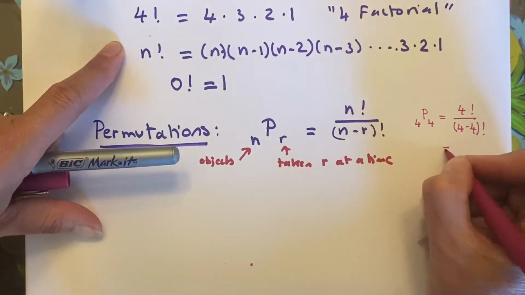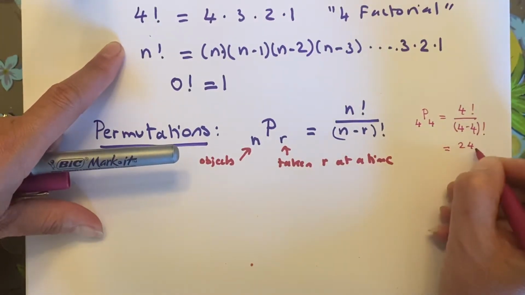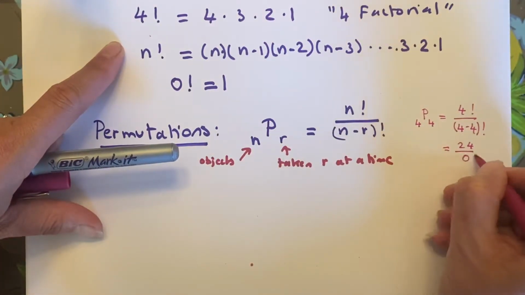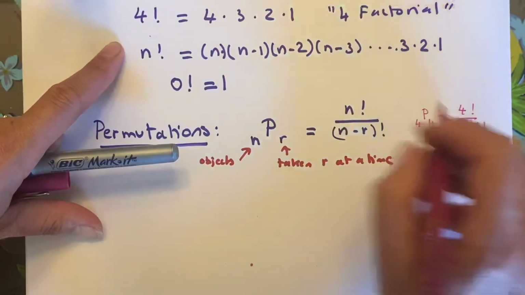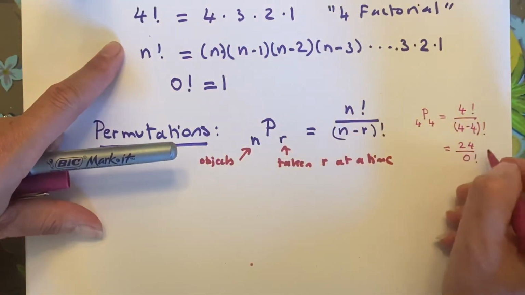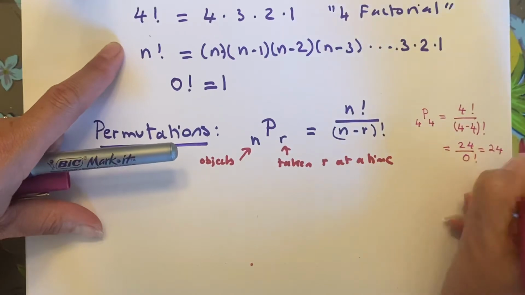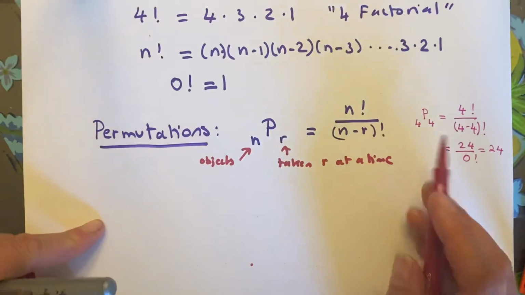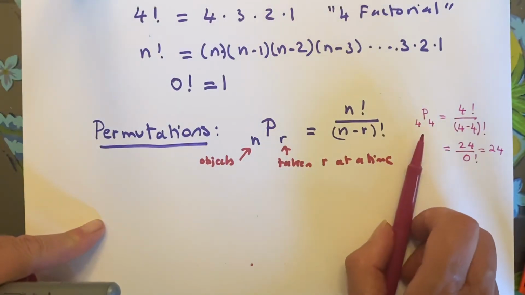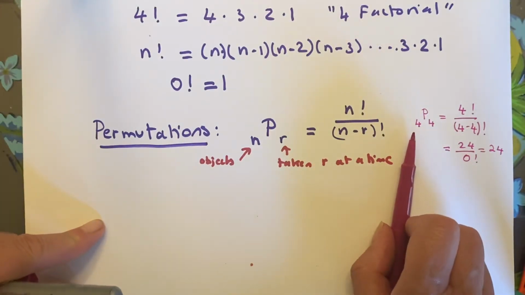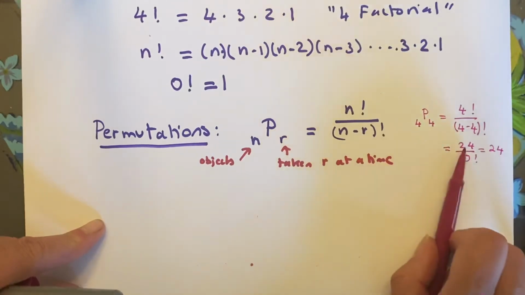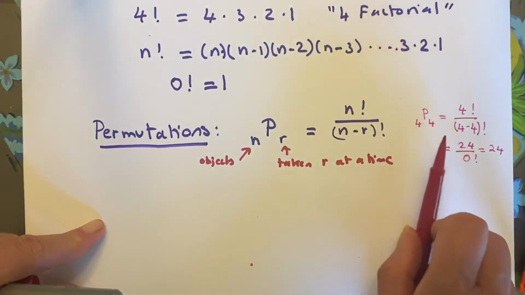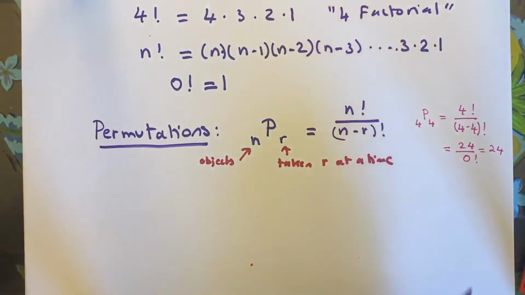Well, this means I have 24, right? 4 times 3 times 2 times 1 over 0 factorial. And we know from up here that 0 factorial is just 1, so it is 24. In other words, and this just shows that it works in any situation. In this situation, if I'm doing the letters for July, all the different combinations, if I'm taking all 4 of those letters, I'm going to have 24, sorry, permutations, not combinations. I'm going to have 24 different permutations.